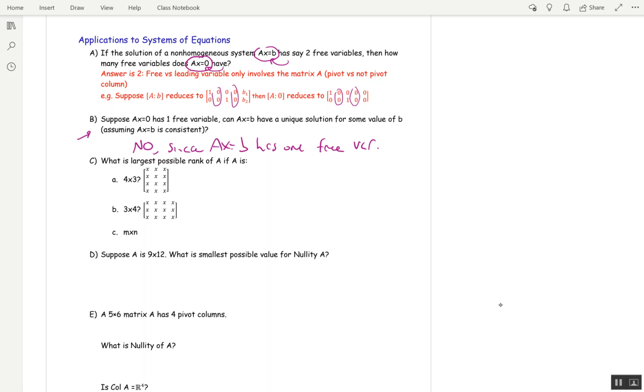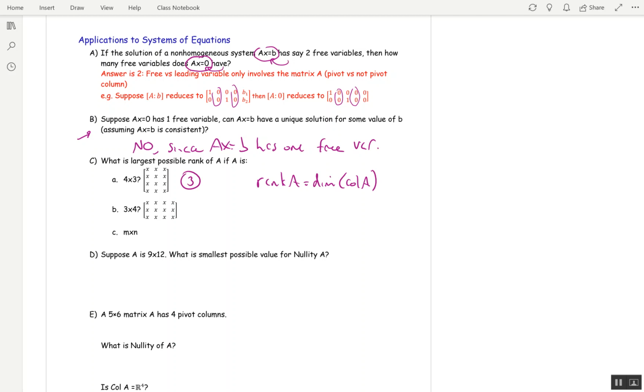Okay, next one. What is the largest possible rank of A if A is 4 by 3? Well, the rank of A is the dimension of col A. We've only got 3 columns, so the maximum rank is 3. Now let's turn it around. Let's do a 3 by 4.